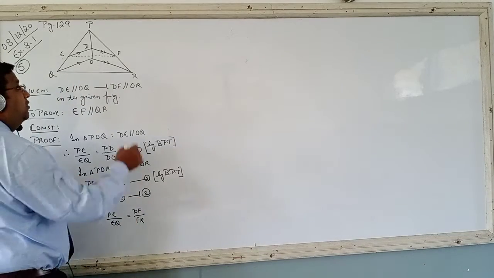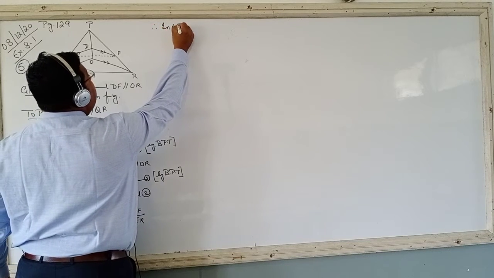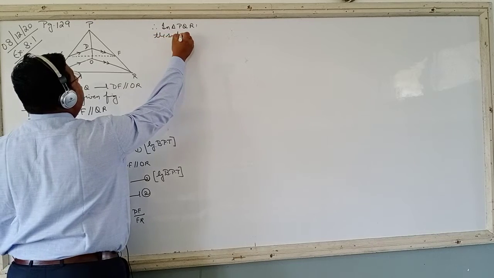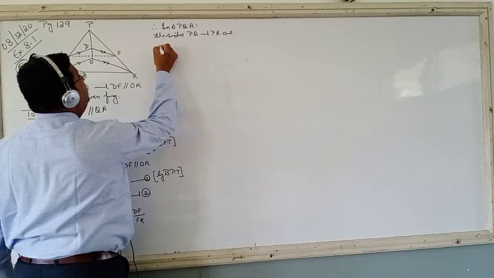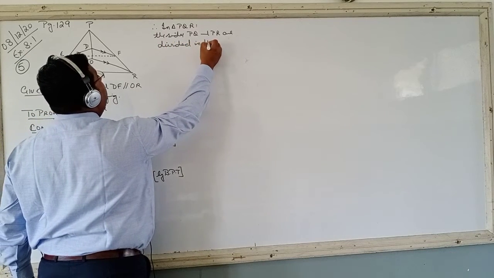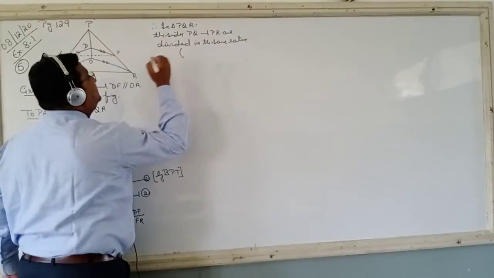So in which triangle now? In triangle PQR. So therefore, in triangle PQR, the sides PQ and PR are divided in the same ratio. Sir, where is it divided?